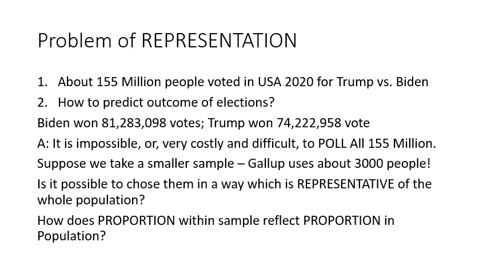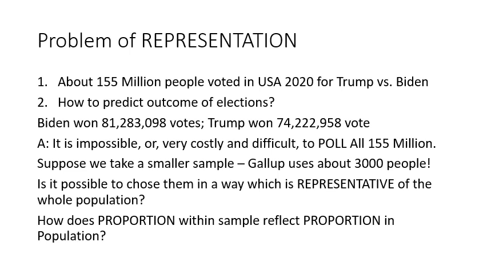In the most recent elections in 2020 in USA for Trump versus Biden, about 155 million people voted. So it's not really possible to go and ask 155 million people who you are going to vote for. It's just too expensive. So how can we predict the outcome?